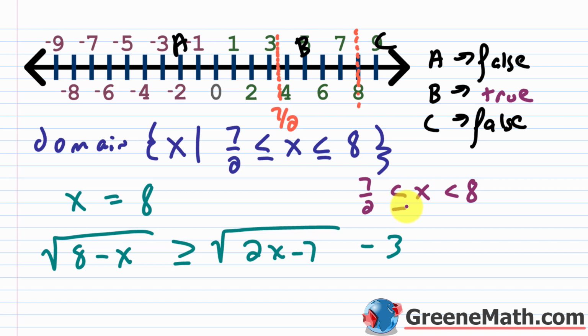So this is going to be included. So x here would be greater than or equal to 7 halves. So we want this right here to be less than or equal to. Now, does 8 work? Well, again, this is a non-strict inequality. So if I plugged in an 8, the left and the right sides would be equal. So this would work as well. So I want this to be a less than or equal to also. So here, x would be greater than or equal to 7 halves and less than or equal to 8.